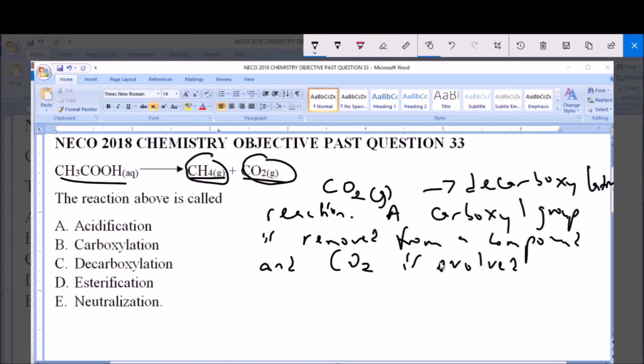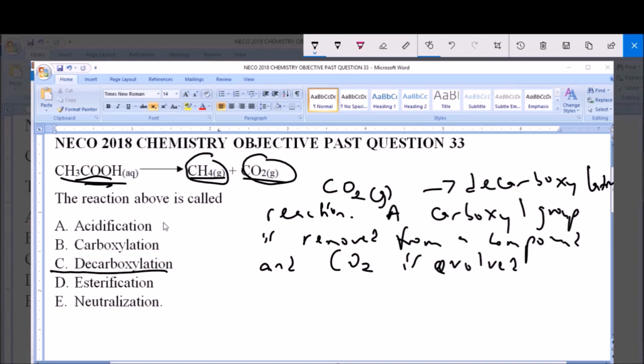So as you can see here, carbon dioxide is evolved as a result of a removal of a carboxyl group from this compound. So decarboxylation is option C, which is the correct answer to the question.